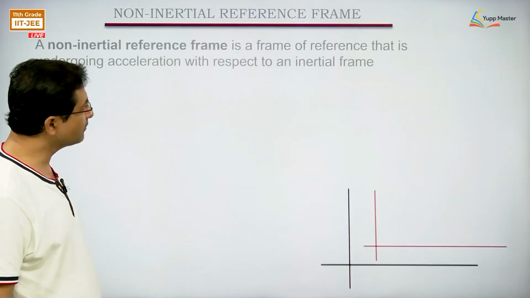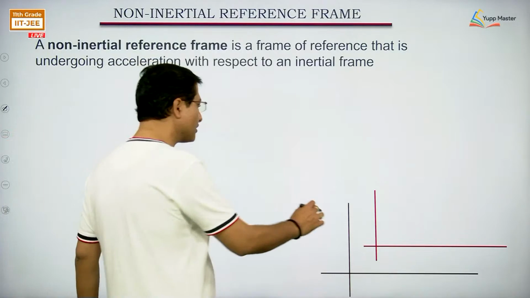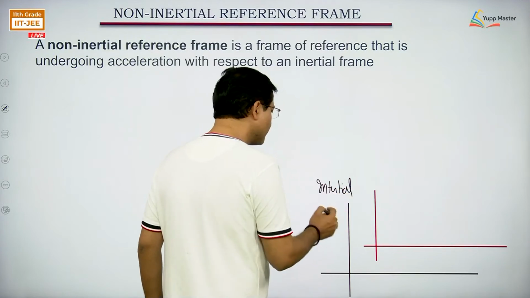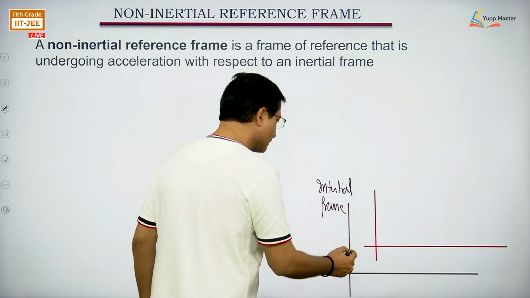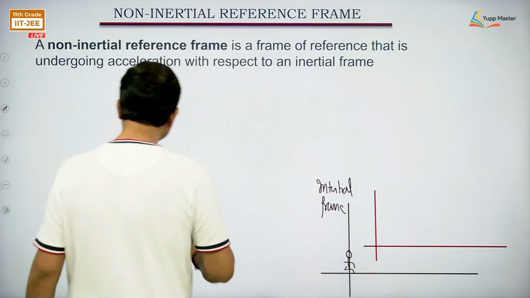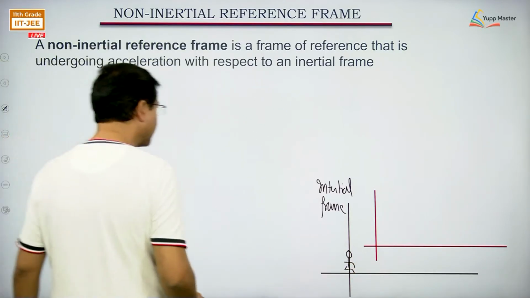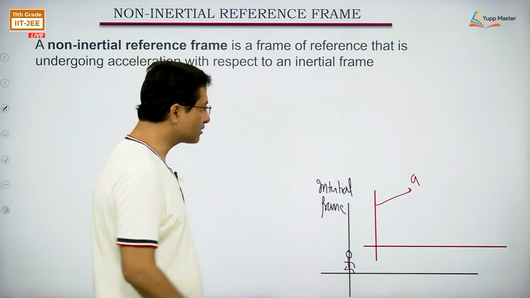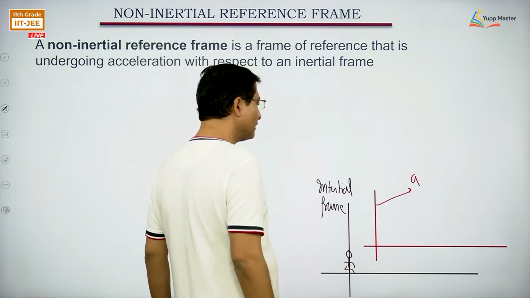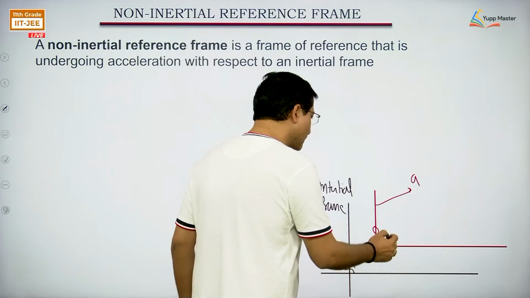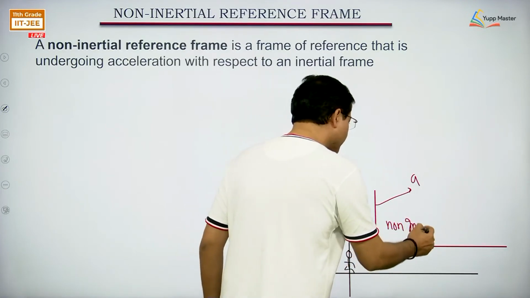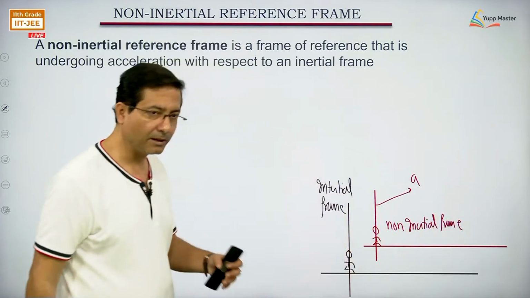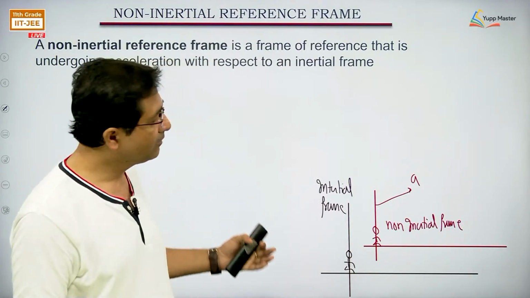Once we check the inertial frame, any frame which is accelerating with respect to the inertial frame, so this is inertial, and with respect to this frame, what I observe is that this another frame is having some acceleration. So as with respect to the inertial frame, this frame is having acceleration, this is called a non-inertial frame, and you cannot directly apply Newton's law the way you applied it for an inertial frame.